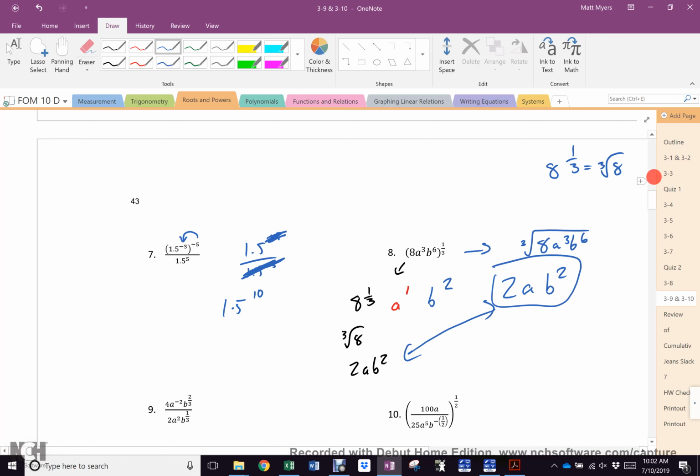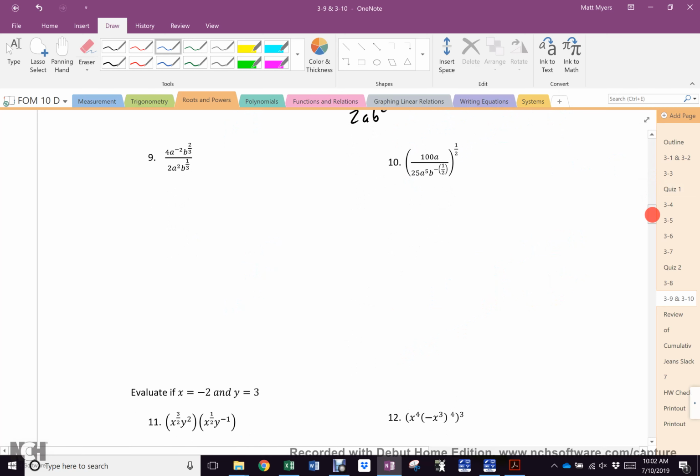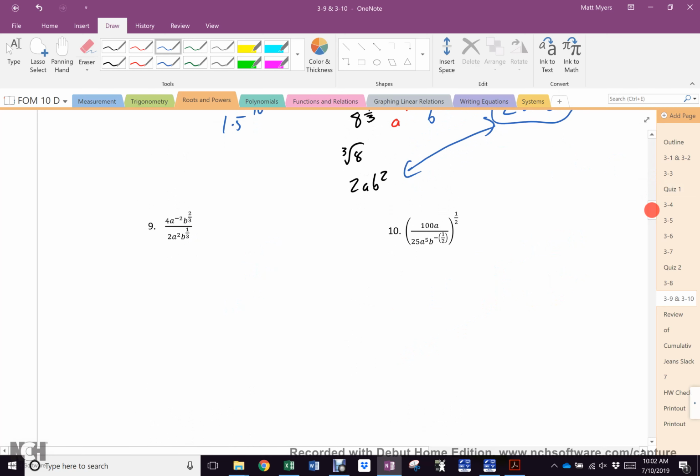9 is one of the more difficult questions I could give you. Because it's freaky looking. Because of fractions. But it's not freaky looking, is it? Because what is it really? It's really 4 over 2, which is what? 2. And then it's a to the negative 2 over a squared. Where should that negative go?